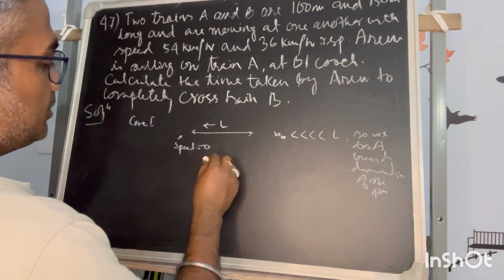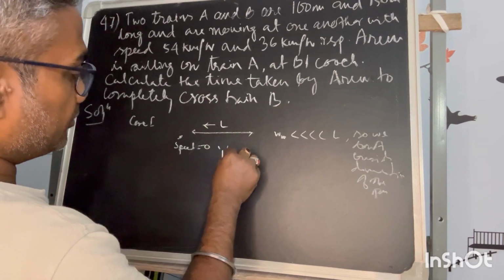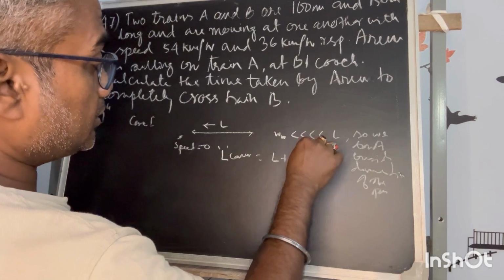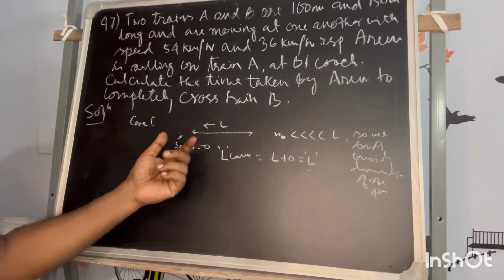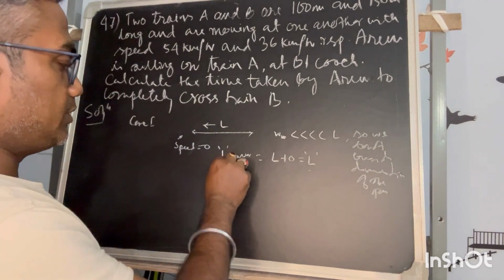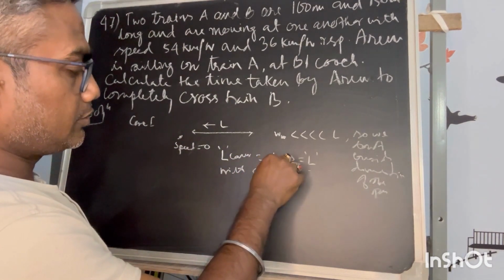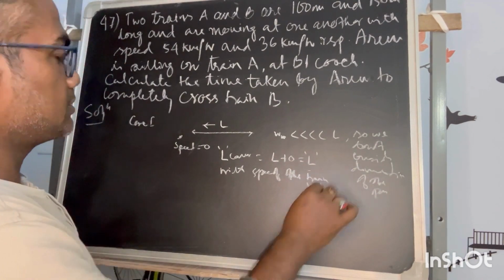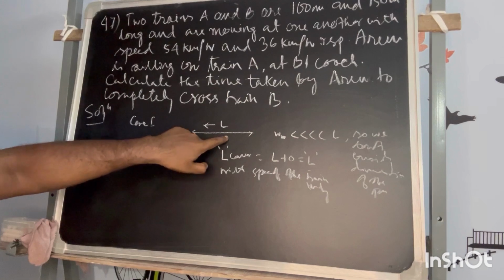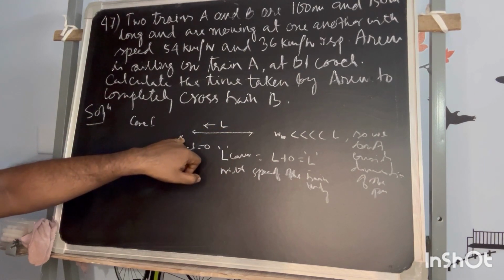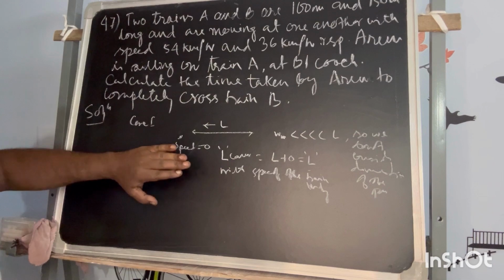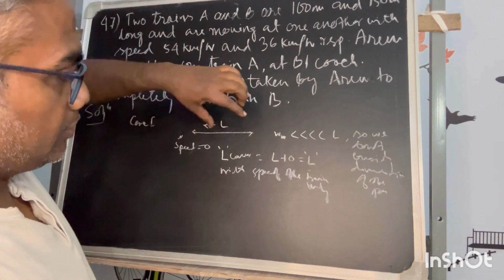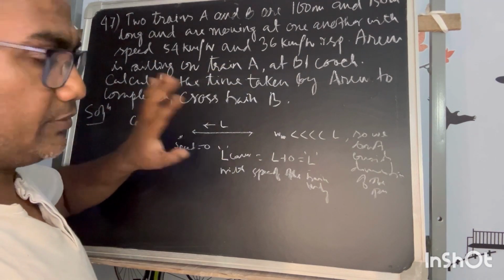So in that case, the length covered is to be considered as L plus 0. That means only the length of the train, and that with the speed of the train only. So this is one case where the person is standing, the train of length L is moving, and it is crossing the person. So time has to be calculated considering the length covered is L with the speed of the train only.